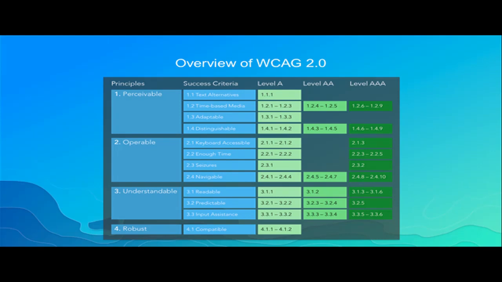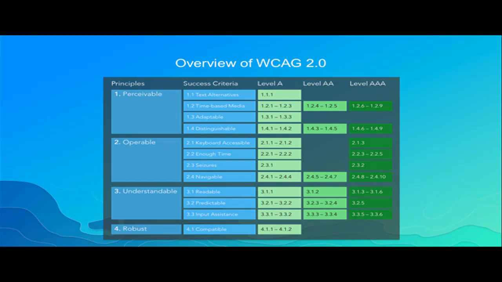So this is just an overview of WCAG 2.0. You have these 4 principles, and each principle is divided into a certain number of success criteria. And for each success criterion, you have different levels of compliance. Level A is the basic level, right? That's the minimum you should do to make your website accessible.